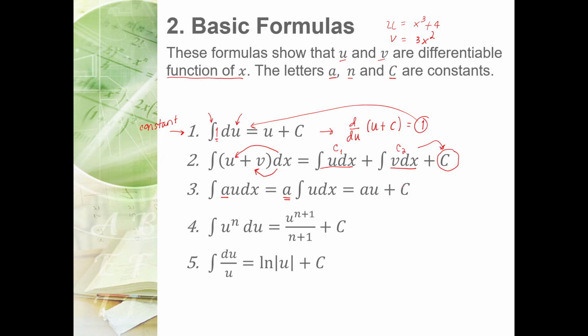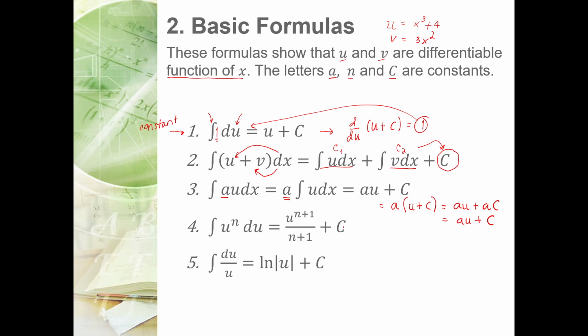If you ask why the c has no a, let's break it down: a times u plus c, upon expanding, gives au plus ac. Since a and c are both constants, you can combine them into one constant. We can't combine a and u because u is a variable.